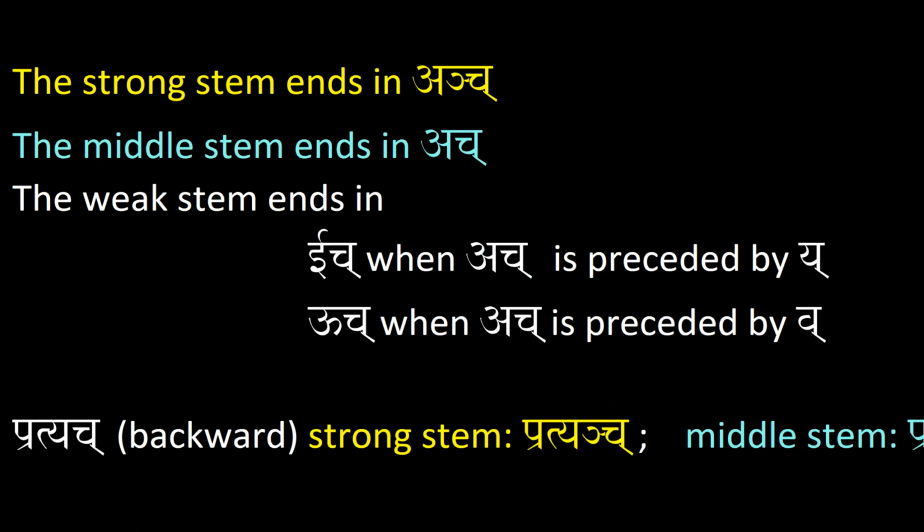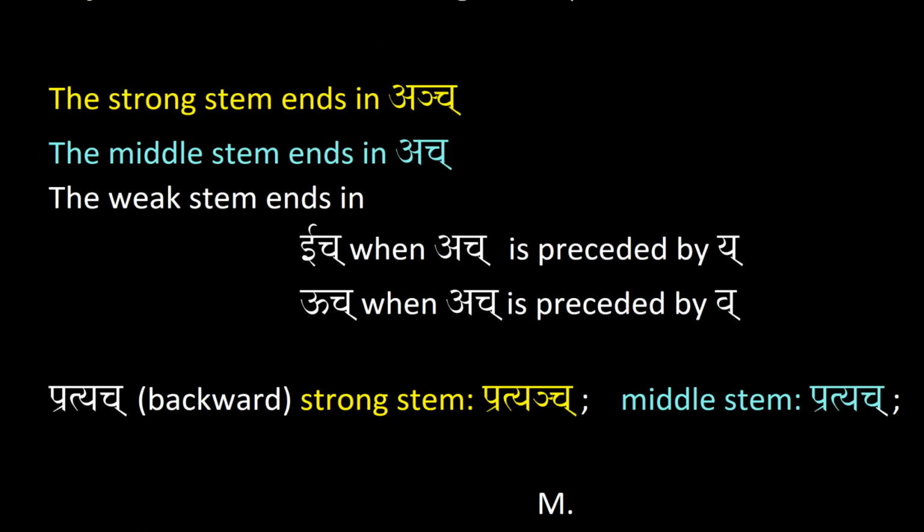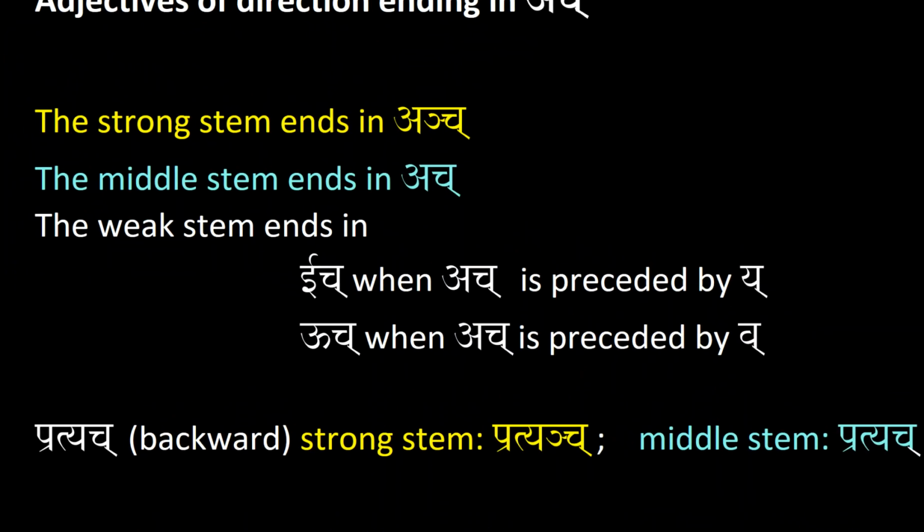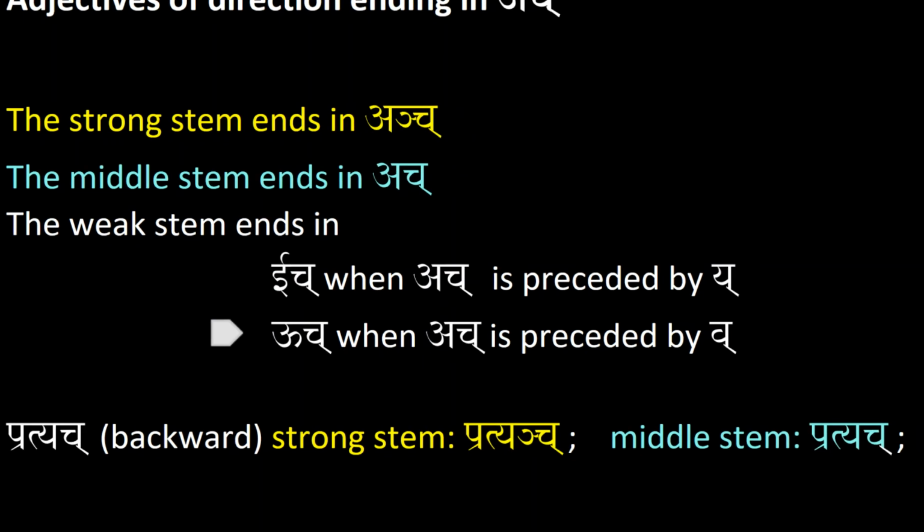We have pratyach, which means backward. It's not preceded by a va, it's preceded by a ya, so our weak stem here is going to be ich, that we're going to add on to it.